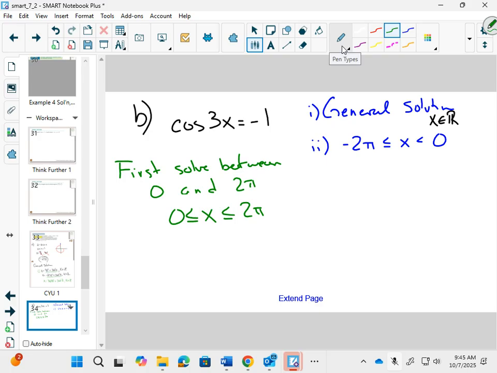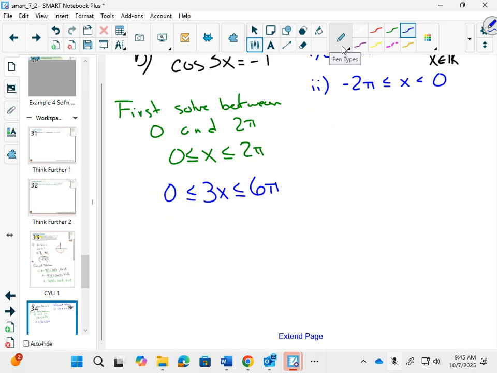If I was doing that, well, what do I do in a multi-revolution question? Step 1 in a multi-revolution question is I rewrite my domain for 3x. If 1x was once around the circle, then 3x would be 3 times around the circle, from 0 to 6 pi. Then I would solve for 3x.